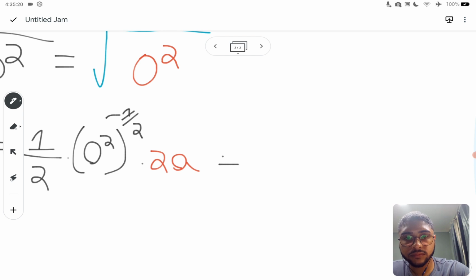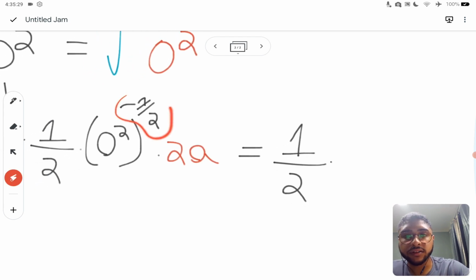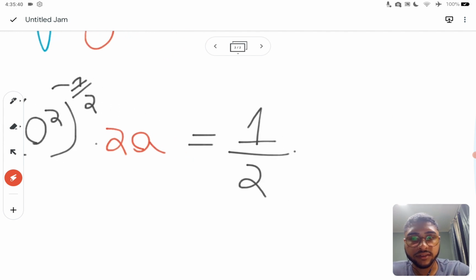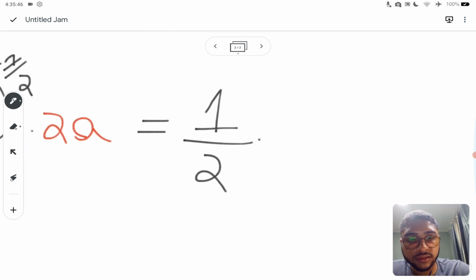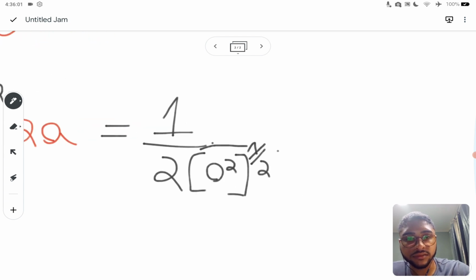And it will be 1 over 2 times, look at this power, this is a negative power. What we do is put this in the denominator of our fraction. So this will be a squared to the power of 1 over 2, times 2a.